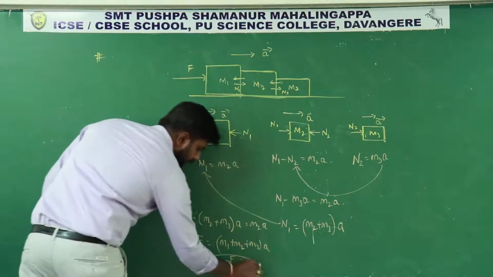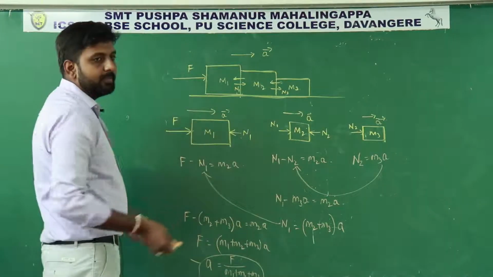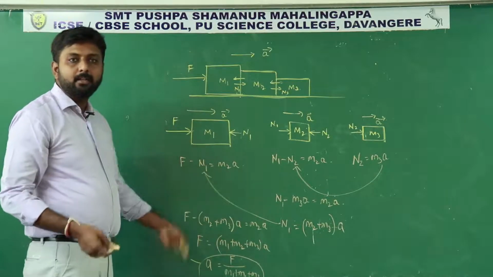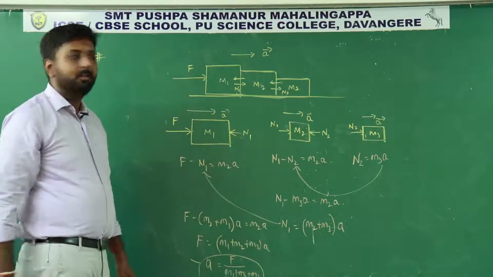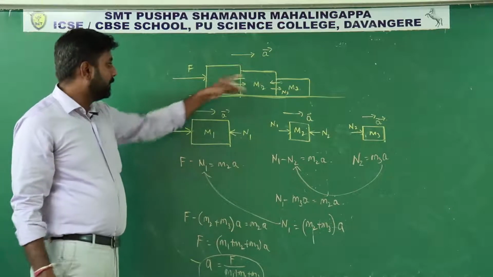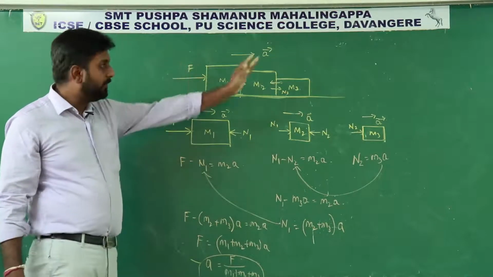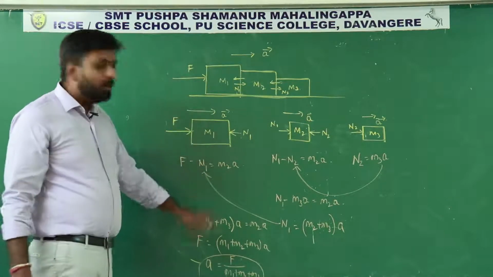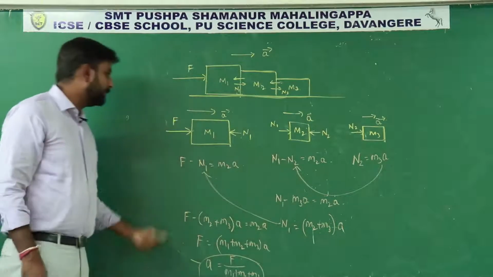So for two bodies it is M1 plus M2, for three bodies it is M1 plus M2 plus M3. Like this you can directly apply the formula. No need to derive. If you know three bodies are connected and moving in this direction, what is the acceleration? Force upon total mass.